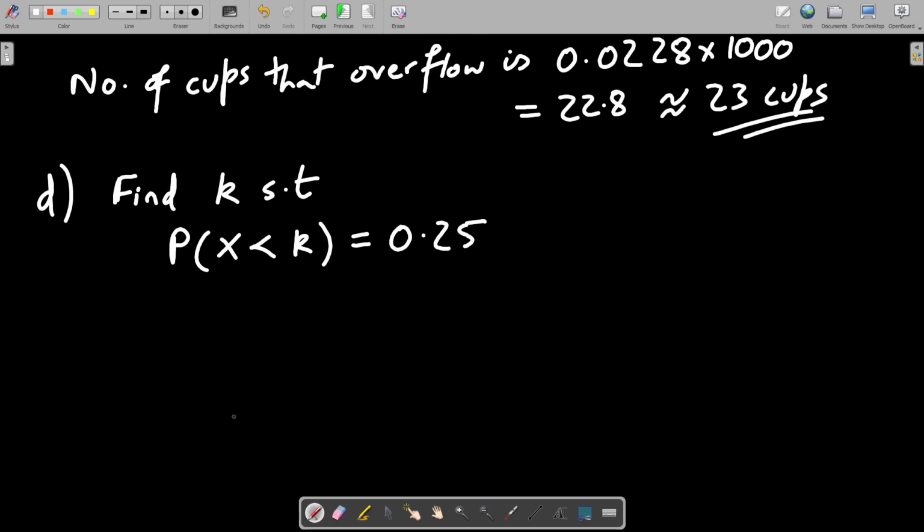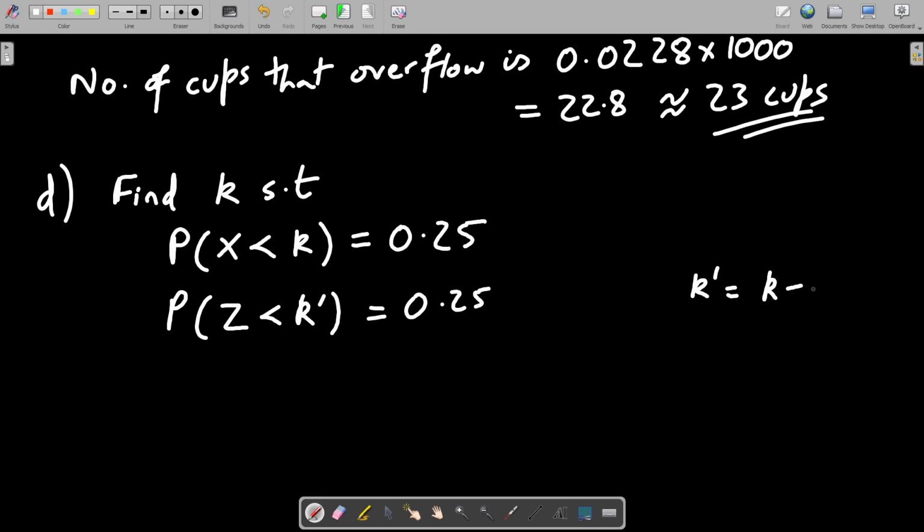So this is the same as saying that the probability of Z less than k dash, I'll call it k dash, is 0.25. What's the relationship between k and k dash? K dash is equal to (k minus 200) divided by 15.